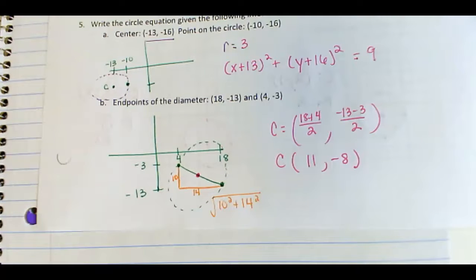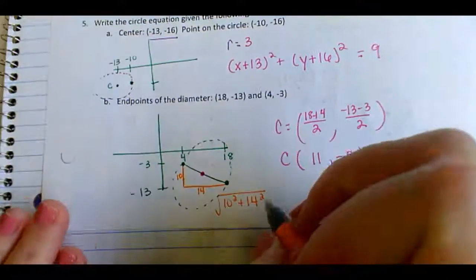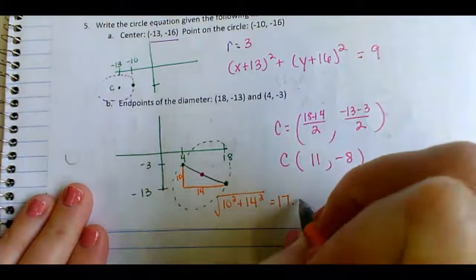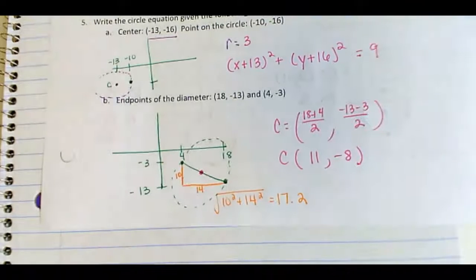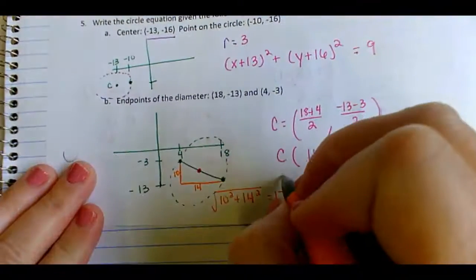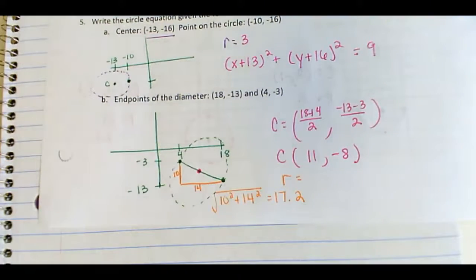It's a strange decimal. Something like that. Okay. That is the diameter. The radius is half of that. So I divide that by 2.